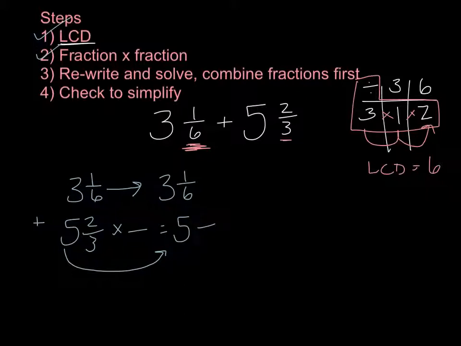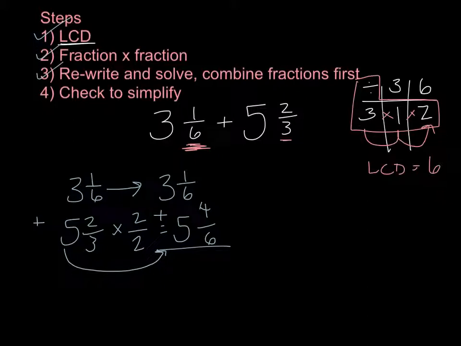I know that 3 needs to turn into my LCD of 6, so I can put 6 at the end. 3 times 2 equals 6. And if I do it to the bottom, also do it to the top. Now I multiply across. 2 times 2 is 4. So my new problem now looks like 3 1/6 plus 5 4/6.